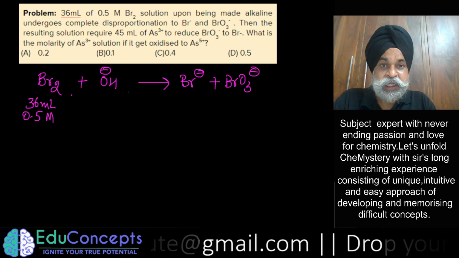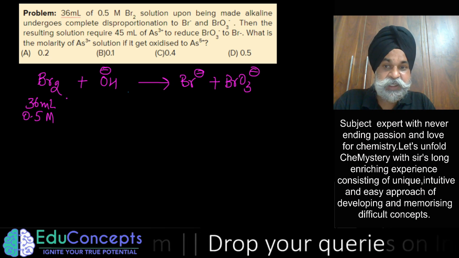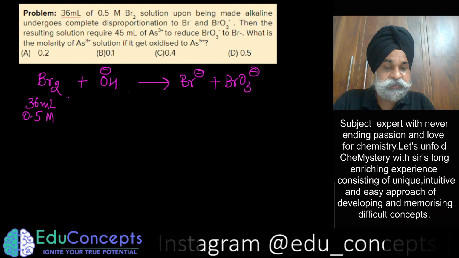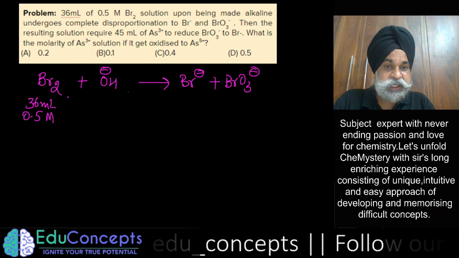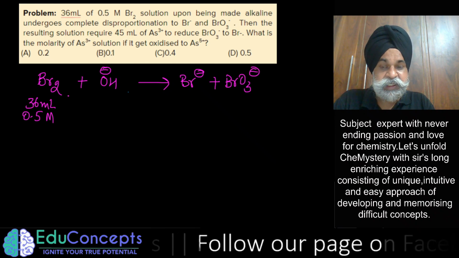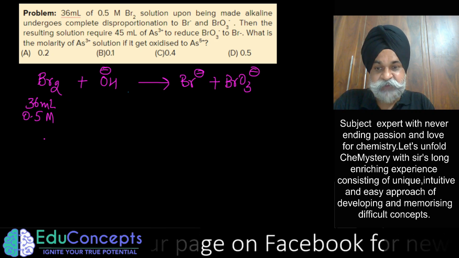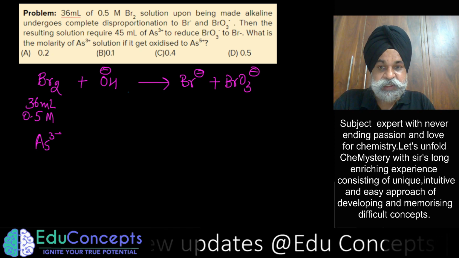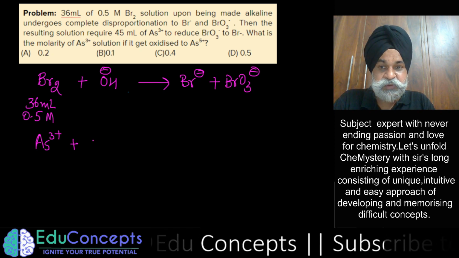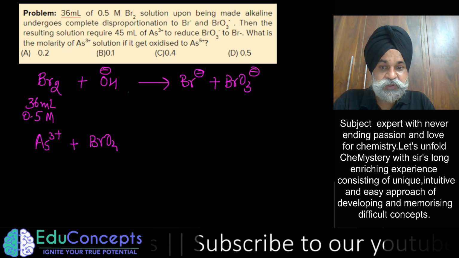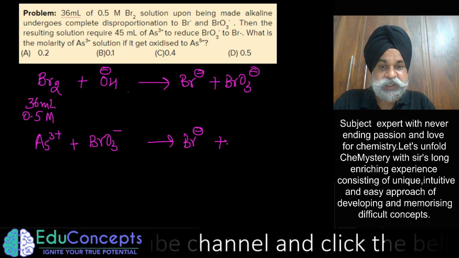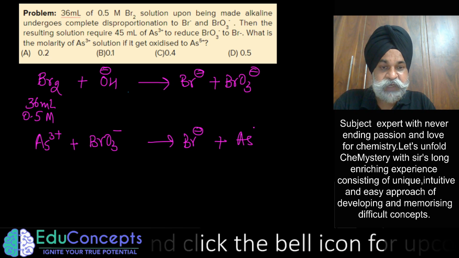On treatment with alkaline medium, it disproportionates to Br negative and BrO3 negative. Then the resulting solution required 45 ml of arsenic 3 positive. Arsenic 3 positive is going to reduce BrO3 negative to Br negative and itself get oxidized to As5 positive.